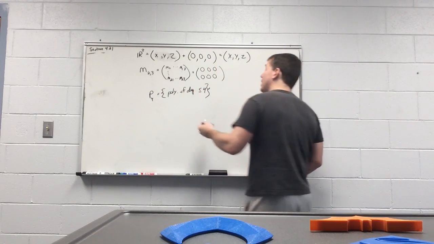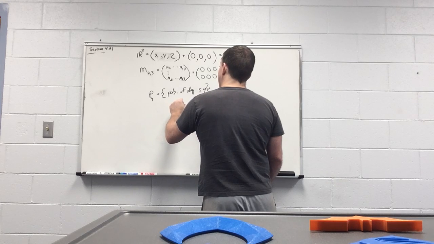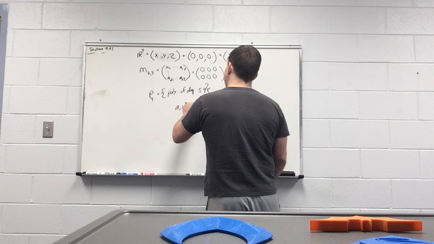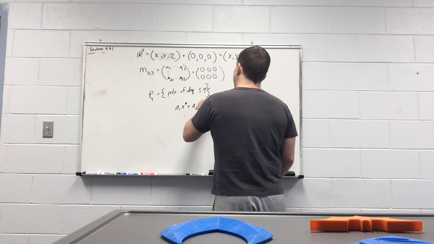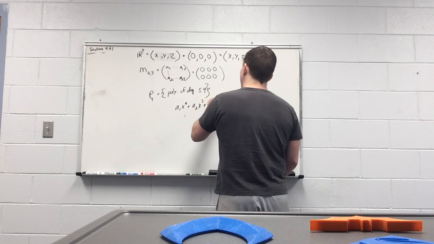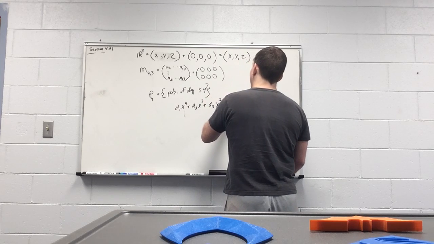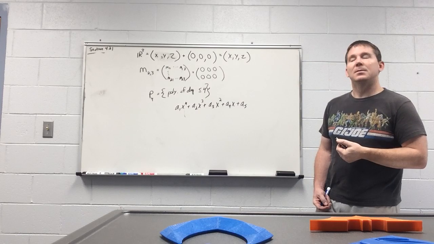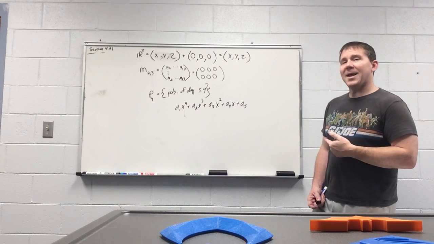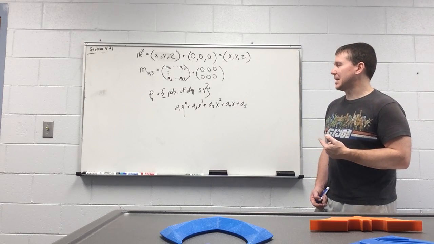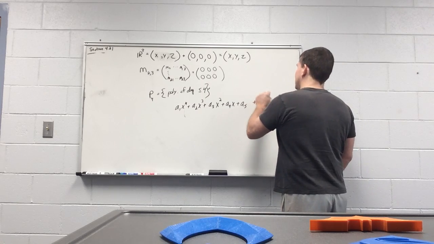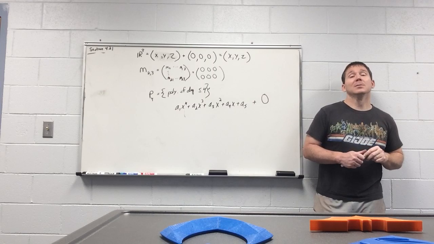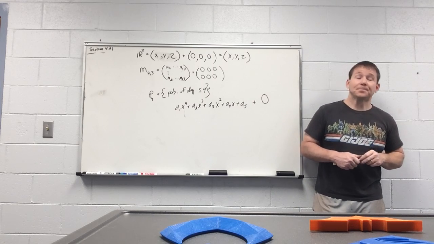So pick an arbitrary polynomial: a sub 1 x to the 4th plus a sub 2 x cubed plus a sub 3 x squared plus a sub 4 x plus a sub 5. What would I add to that to get back what I started with? 0. The actual 0 polynomial, which is a polynomial.